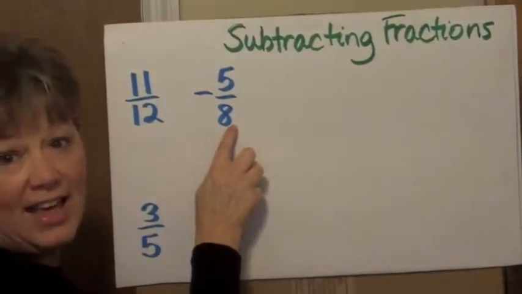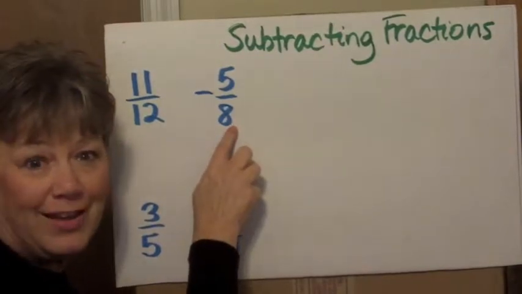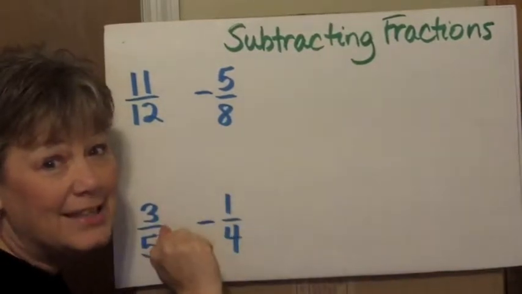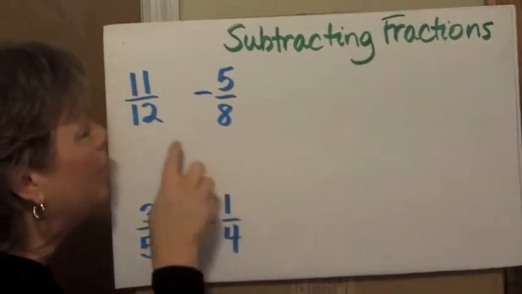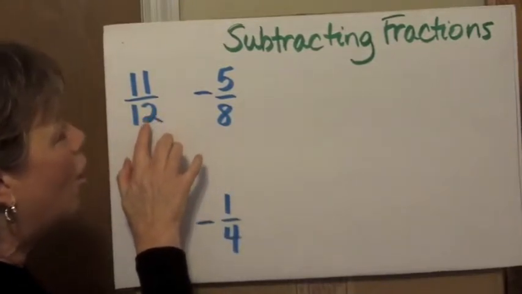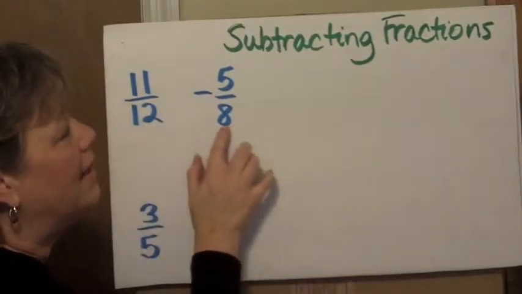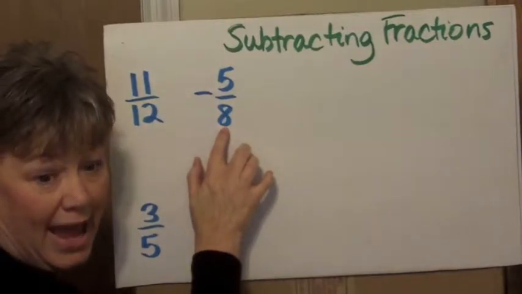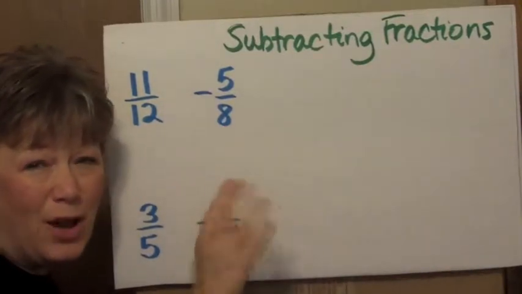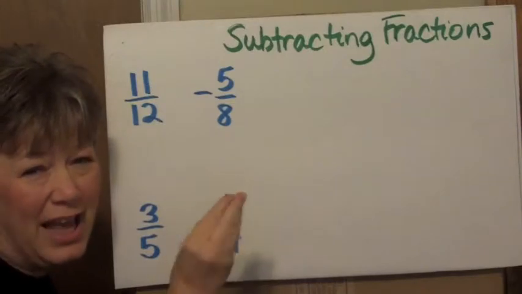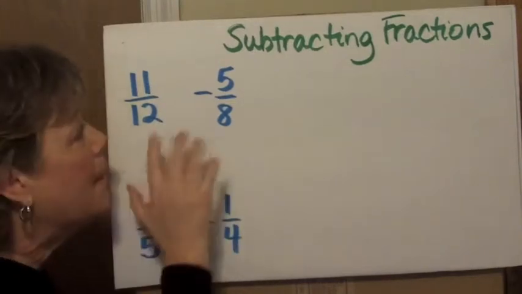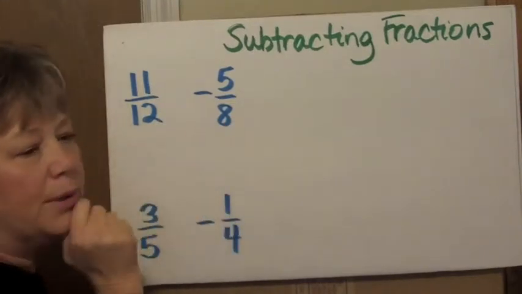Take away 5 eighths. I hope you're already thinking, ooh, that's close to 4 eighths, a half. So we're really looking at almost a whole, taking away a little bit more than a half. So our answer is going to be around a half, give or take. I think it's going to be a little bit less, but give or take, that's what our answer will be.